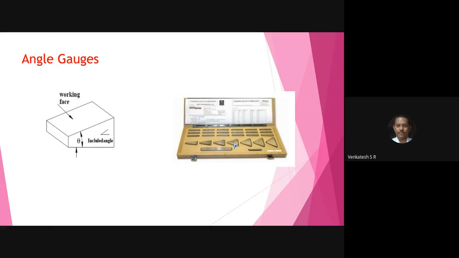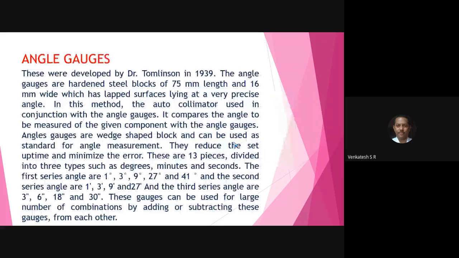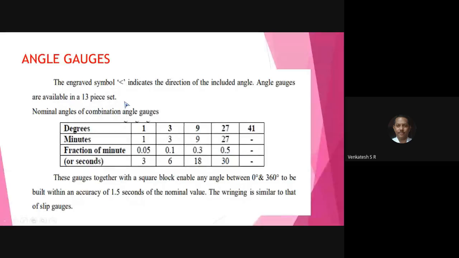Next, come to the point. Tomlinson developed the angle gauges in 1939, with 75 millimeter length and 16 millimeter width. All of you observe here the 75 millimeter length and 16 millimeter width. The different angle gauges available in the box are 1 degree, 3 degrees, 9 degrees, 21.7 degrees, 41 degrees.